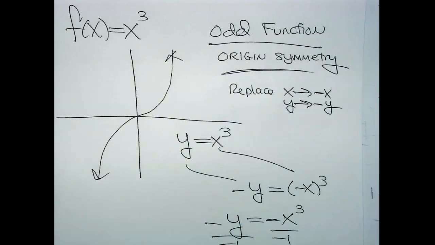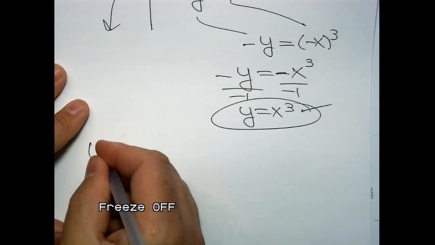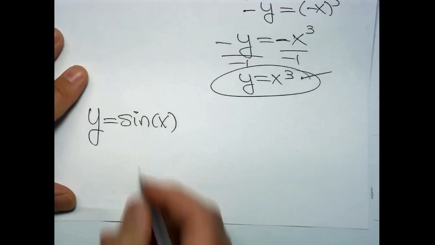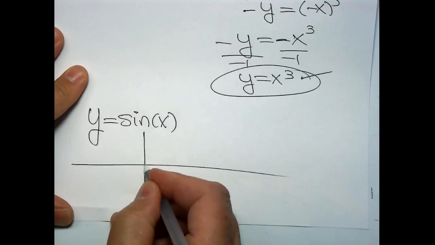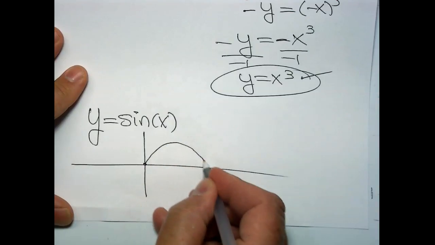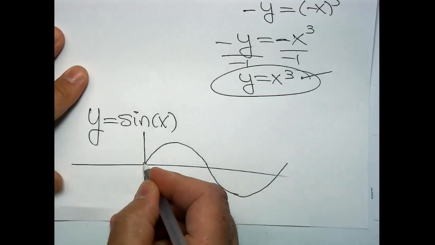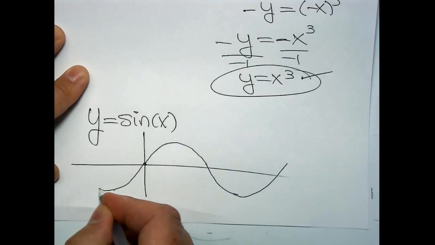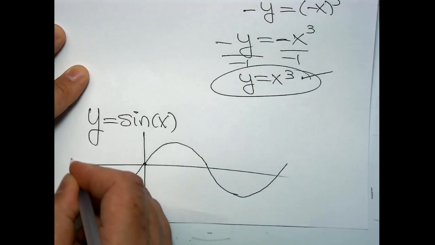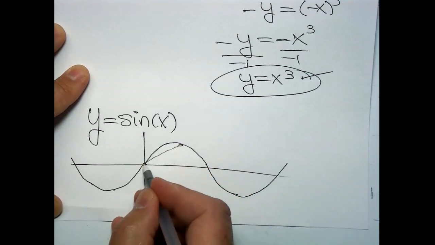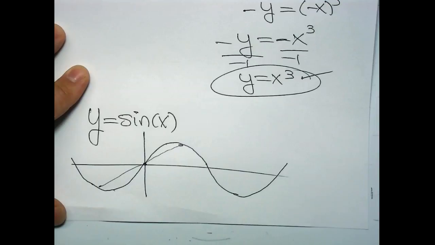Just want to know another interesting odd function? Remember the sine curve? The sine curve loves to start at 0, go up to the peak, back to 0, and then down to minus 1, and then back up. But take a look over here. Doesn't that look like origin symmetry?